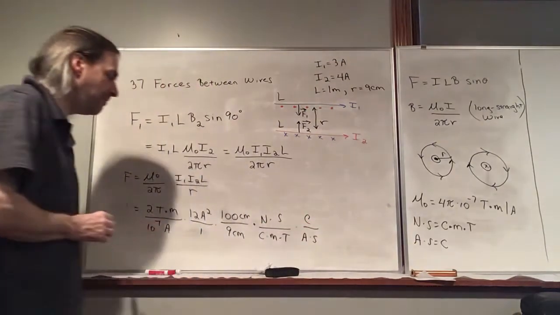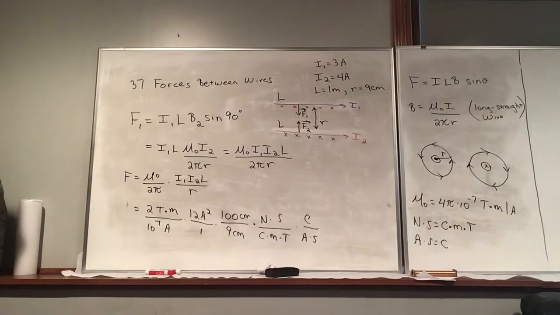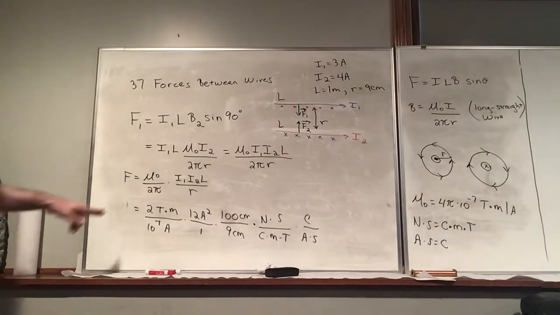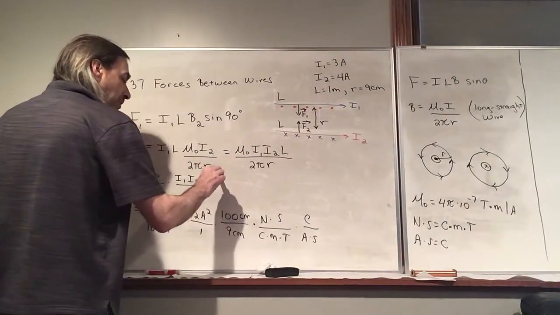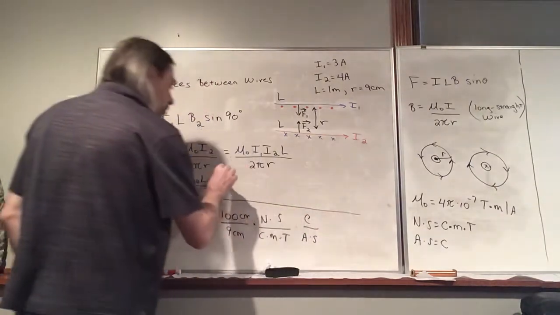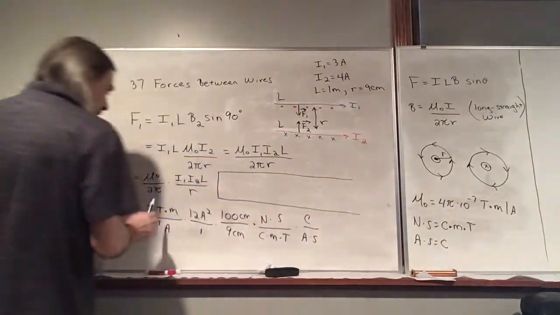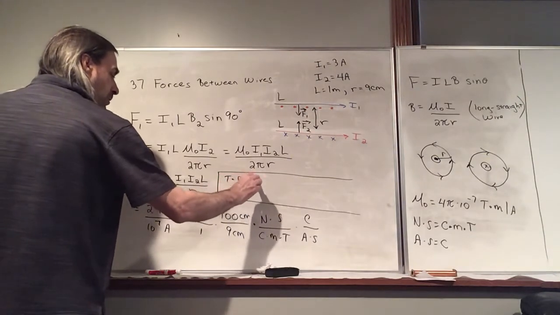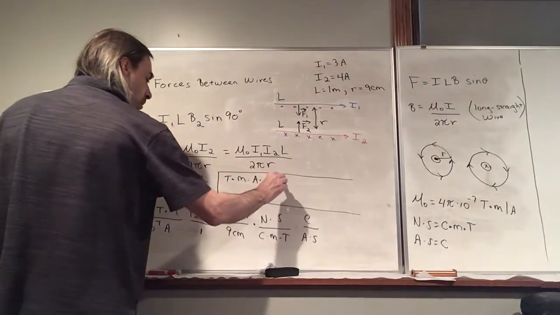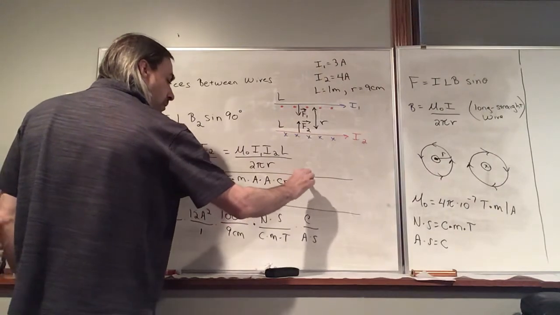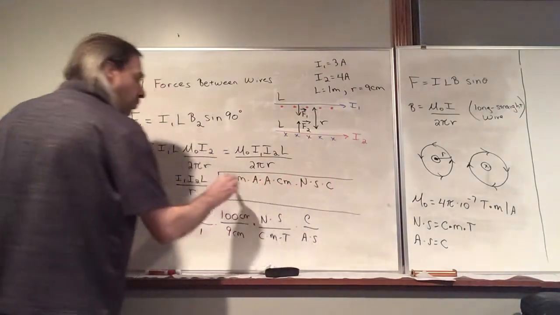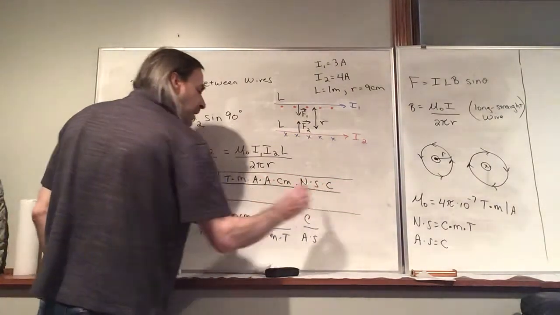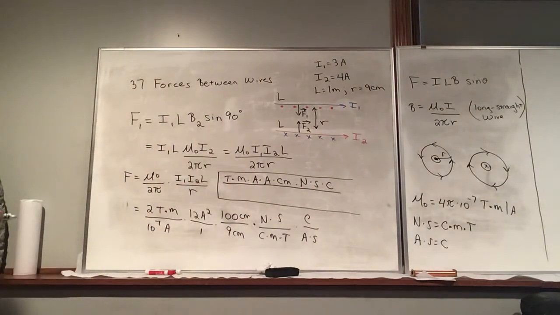So let's see unit-wise what we're going to get here. Let's just go across the top. We have Tesla, meters, amps squared, centimeters, newtons, seconds, and coulombs. And we're hoping everything cancels out except for the newton.